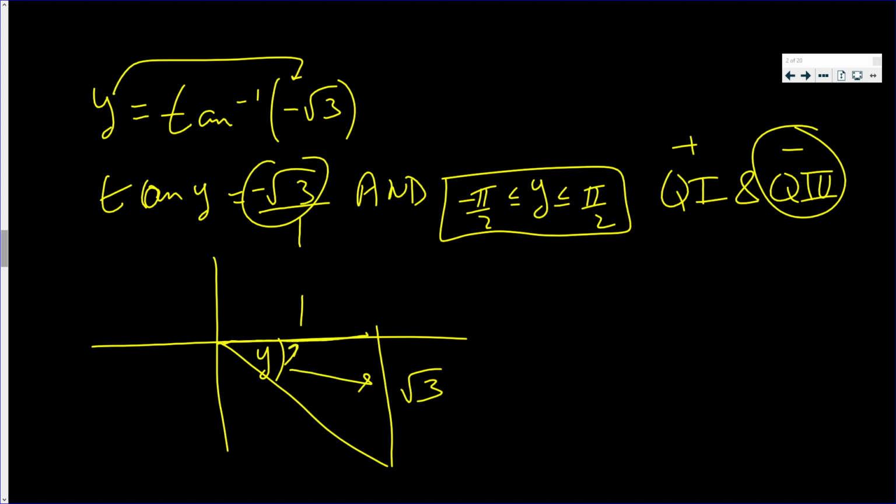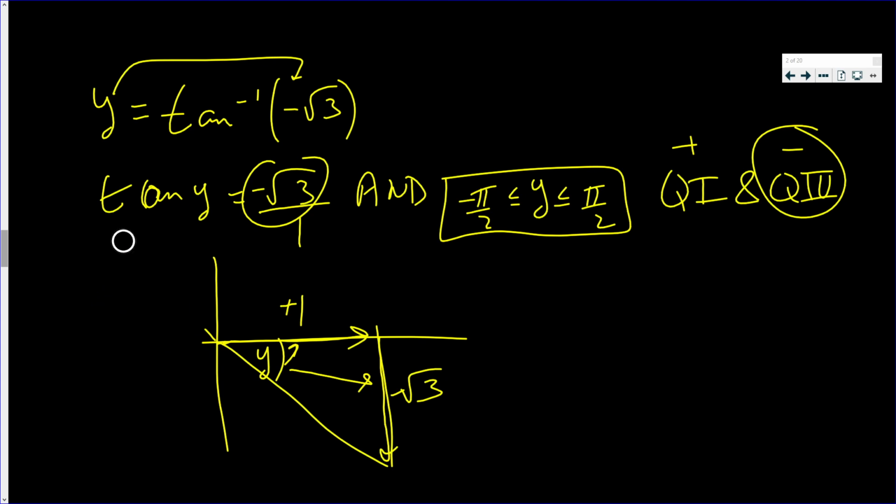The 1 is going to the right, so it's positive, and the square root of 3 is going down, so that's the negative. Just for the record, in quadrant 2, the tangent of y can be negative square root of 3. You'd have square root of 3 over negative 1, and when you divide these, you'll get negative square root of 3.